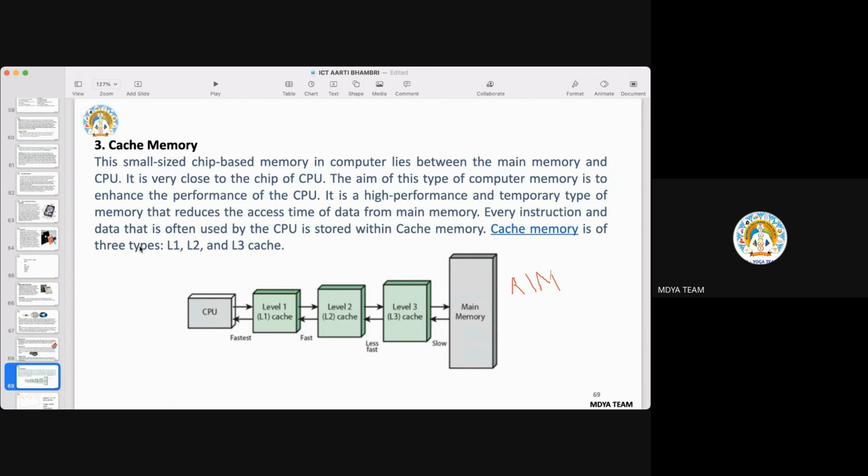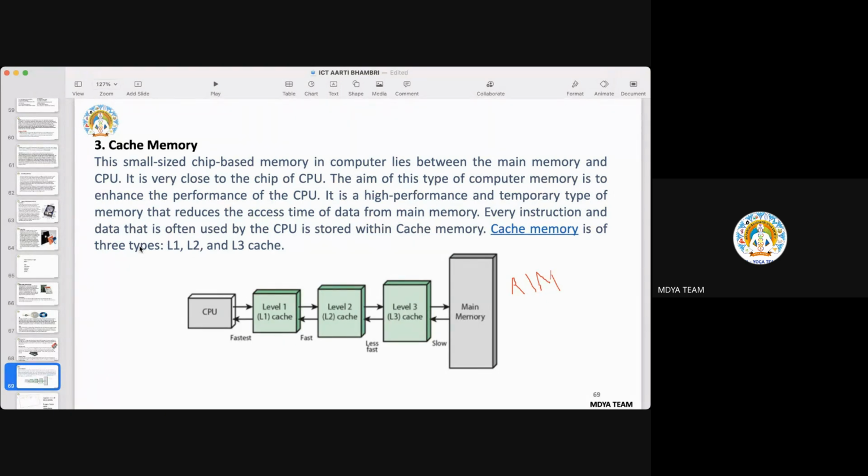So cache memory, just see here, it is a small sized, chip based memory in a computer between the main memory and the CPU. Main memory is your ROM, all right, and the CPU. In between ROM and CPU, there is a small unit which is called cache memory.